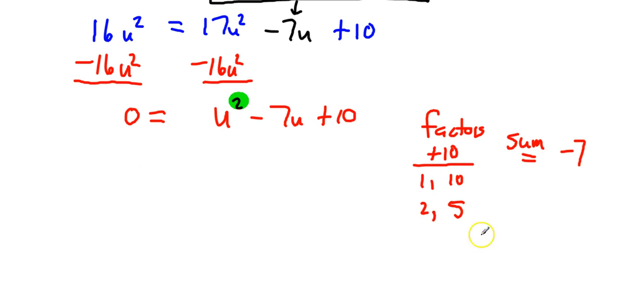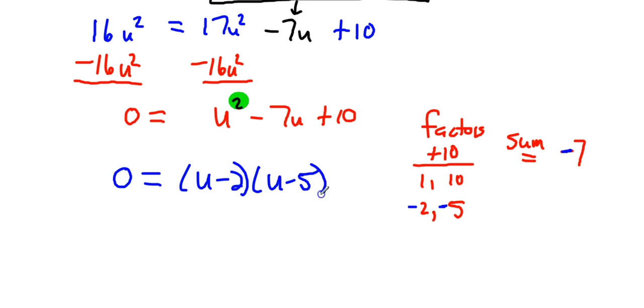Well, there's no way you can get 7 from 1 and 10, so it's got to be 2 and 5. And since the b term is negative, that's got to go with the bigger number. And if you do a positive divided by negative, it means the 2's got to be negative. Okay, so that one. Factoring was easier at the end because we didn't have to do the AC method.